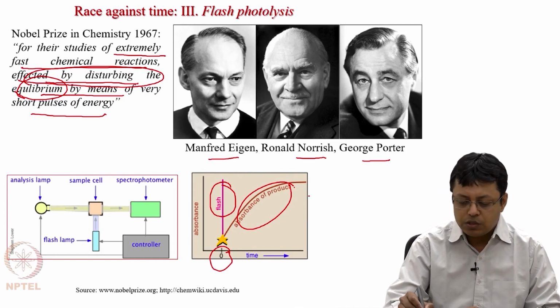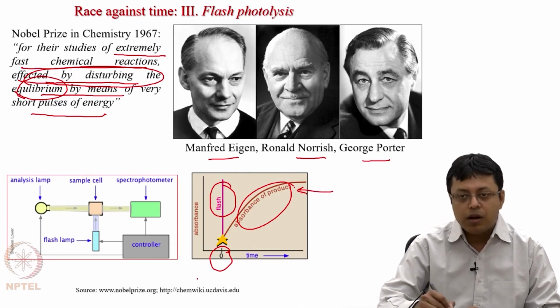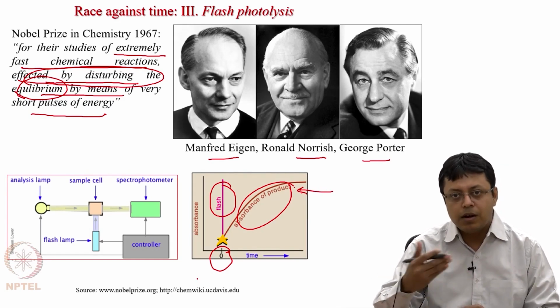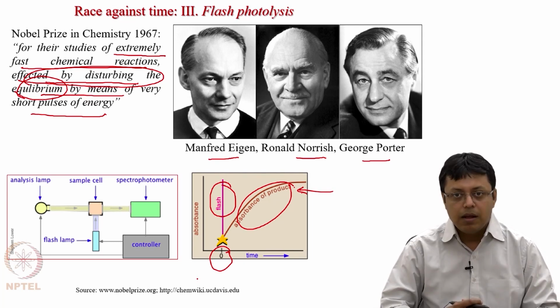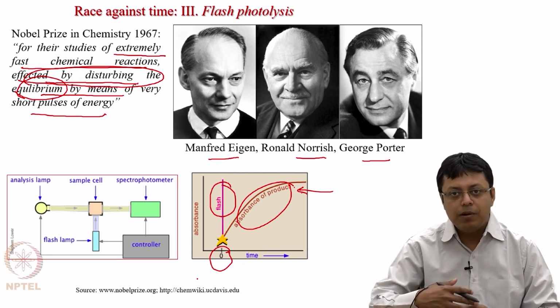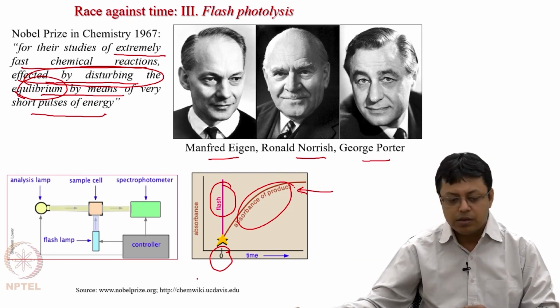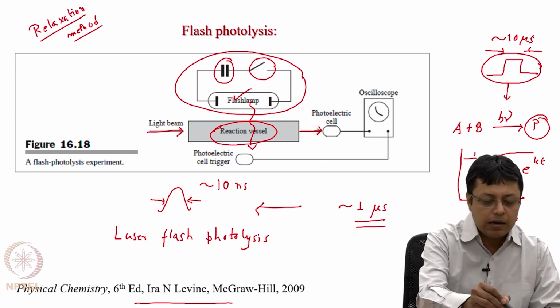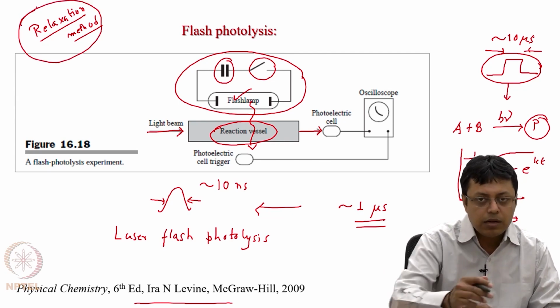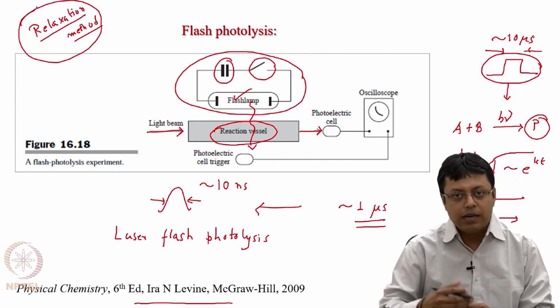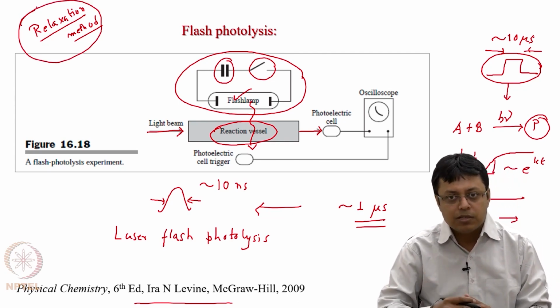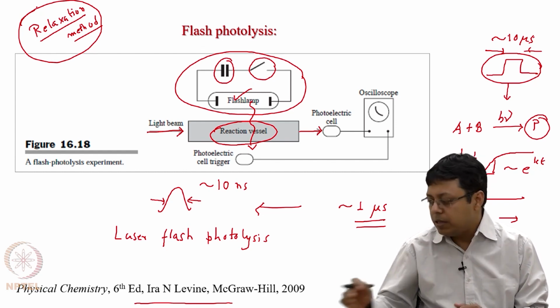As is shown here, the product accumulates over time, and that's a new equilibrium where you have predominantly product in the mixture. Again, these are collectively known as relaxation methods, and we have many different methods like temperature jump experiments and flash photolysis, all of which fall under these relaxation methods.